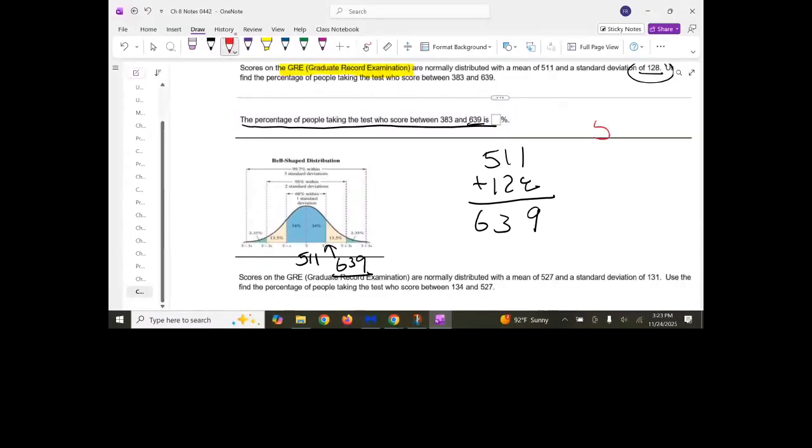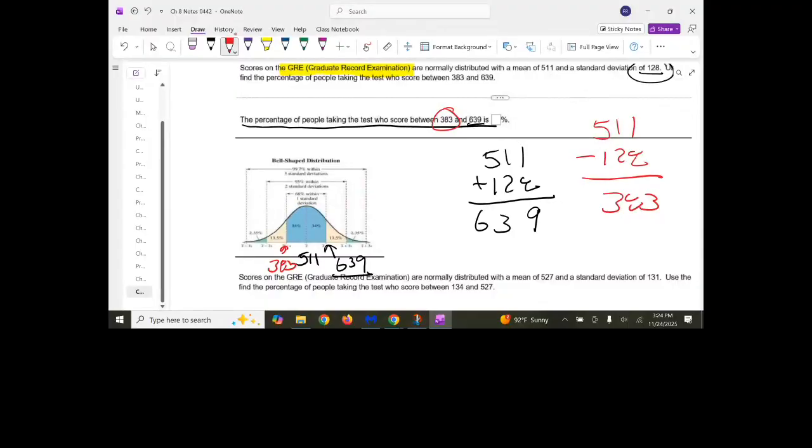Let's do that again. Let's take 511 and now subtract 128. If I take my calculator, 511 minus 128, I'm coming up with 383. So that number right there is 383, and I'm going to stop there because that's the other number that I got.